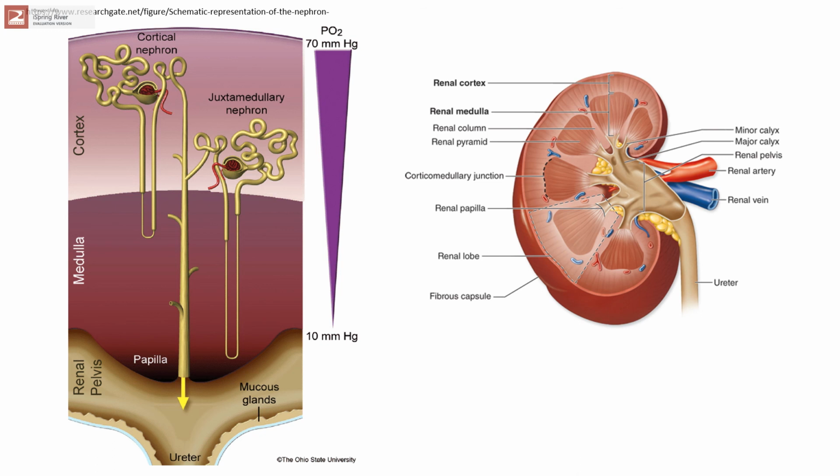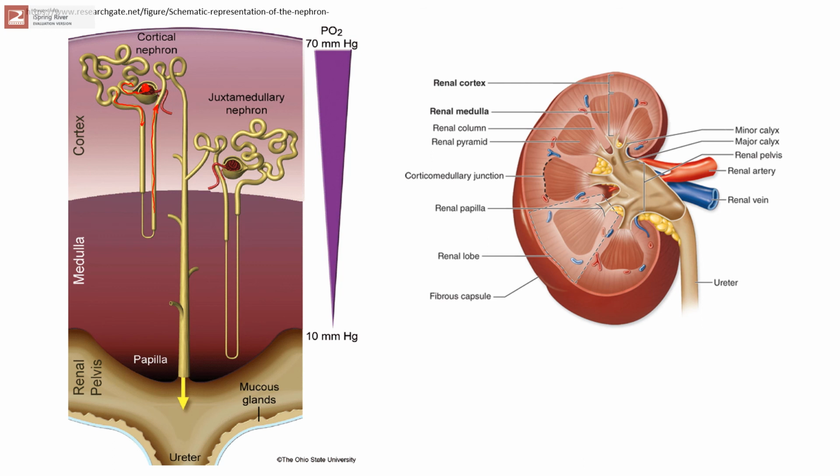Let's quickly look at the flow of filtrate and urine through the nephron and through the urinary system in general. The first step is that the filtrate is squeezed through the glomerulus and forced into the capsular space in the glomerular capsule. From the capsular space, the filtrate passes through the proximal convoluted tubule, then goes to the descending loop of the loop of Henle, and then to the ascending loop.